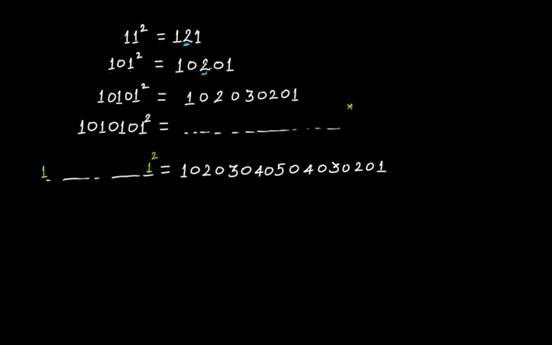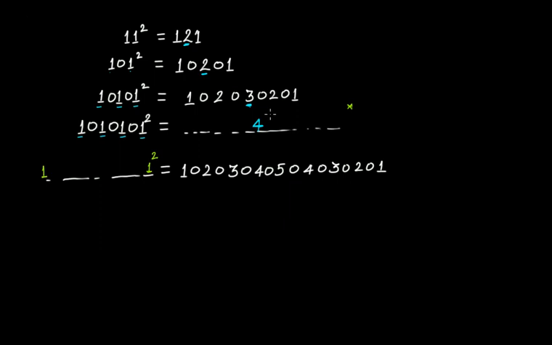Okay, now this has 3 ones, therefore the maximum digit present is 3, right? It has 3 ones, so you have 3. In this case you have 4 ones, therefore the maximum digit that will be present in the square number will be 4, right?